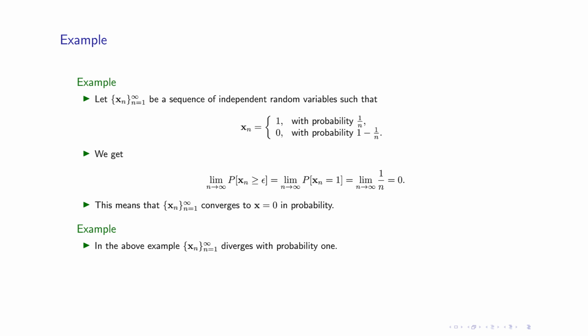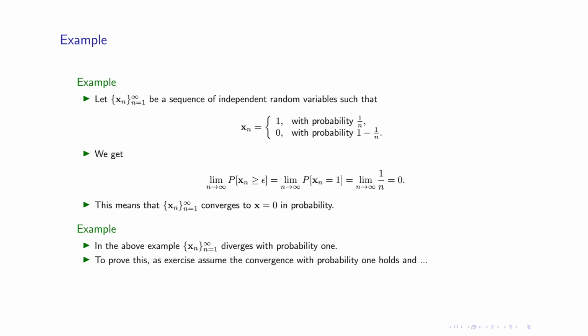So here we say that x of n converges to 0 in probability, but x of n does not converge to 0 with probability 1. So this does not converge, it diverges. So let's prove the second one. In one sense it converges, in the other sense it diverges.